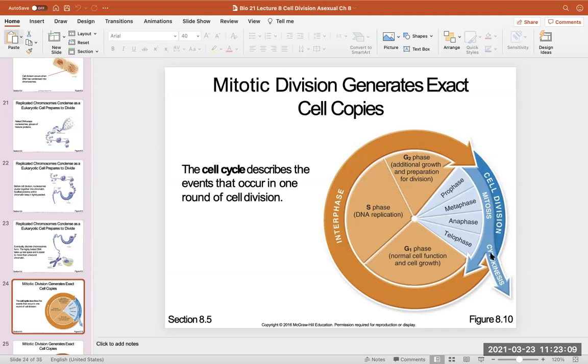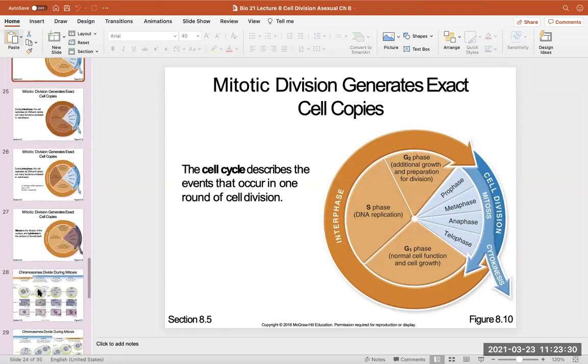If I ask you to go in detail, then you're gonna say G1, S, G2, prophase, metaphase, anaphase, telophase, and cytokinesis. But if I say only give me the steps for cell division, then you're gonna say prophase, metaphase, anaphase, and telophase. So PMAT. That's for cell division. This whole thing is cell cycle. So make sure you understand the difference.